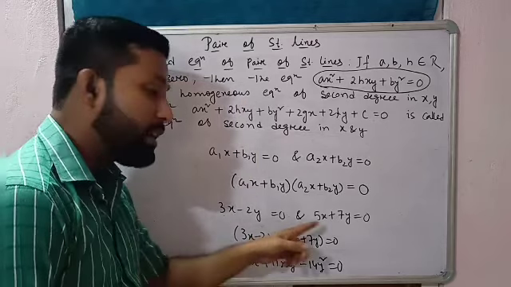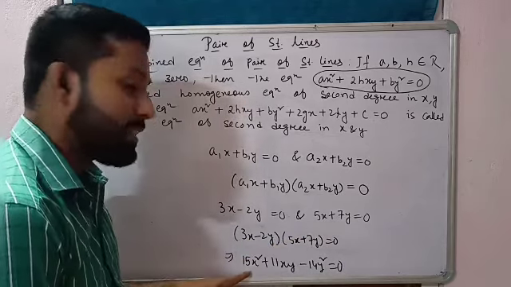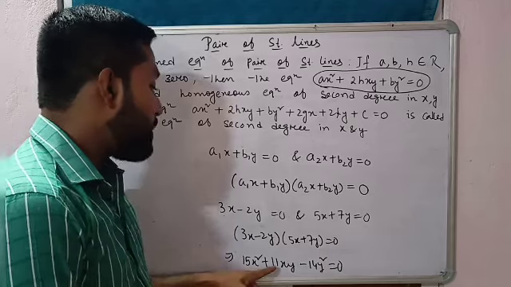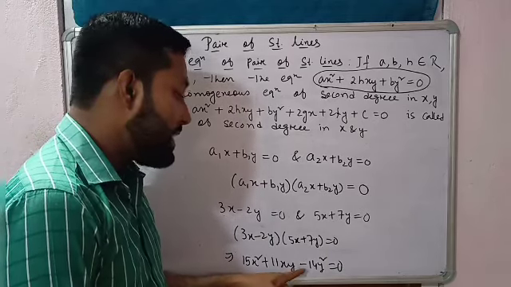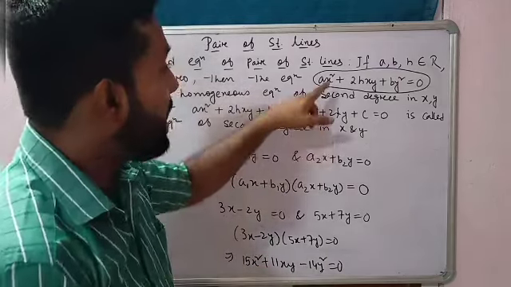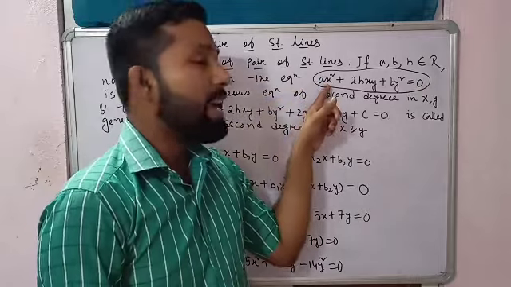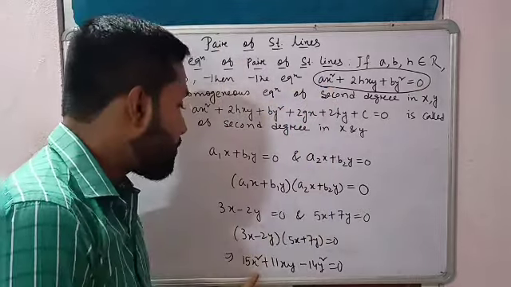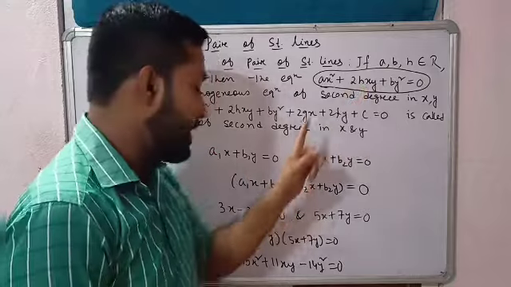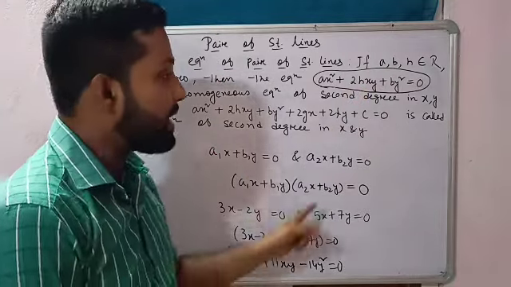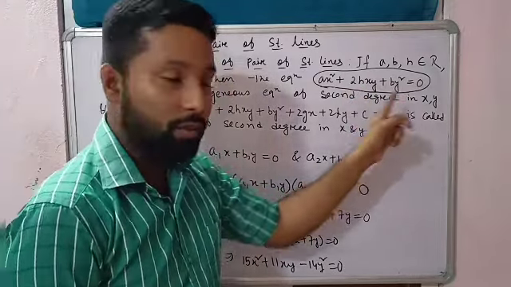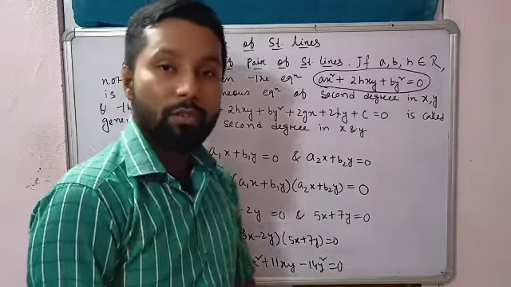If I combine these two linear equations, then see what the result is: 15x square plus 11xy minus 14y square equal to 0. Now you look at the definition: ax square, 15x square; 2hxy, 11xy; plus by square, minus 14y square equal to 0.